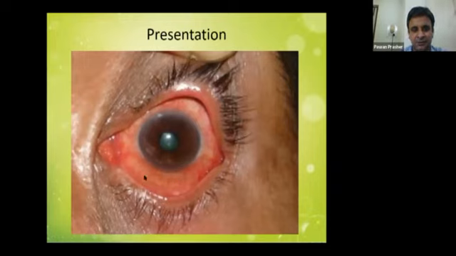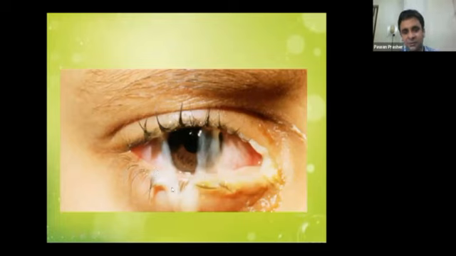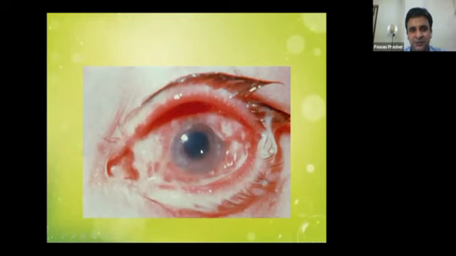You can have diffuse congestion of the conjunctiva, redness, and there can be associated conjunctival discharge, which could be small in amount, or it could be copious with a lot of matting of the eyelashes, and it just outflows the ocular surface. And sometimes you have this variety which is known as hyperacute conjunctivitis.